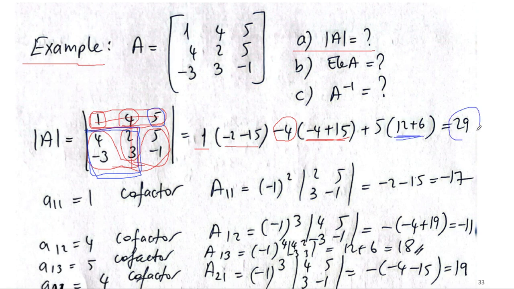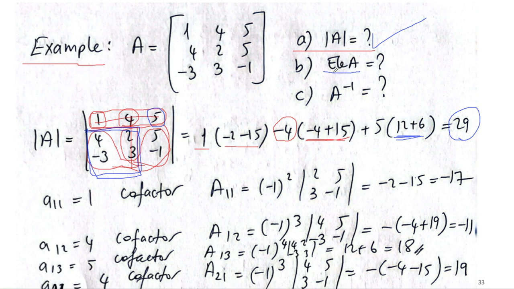So altogether, the determinant of this matrix A equals 29. So that completes the first step. And then the second step, this A, which is the same as the adjoint, that means the adjoint matrix of A.